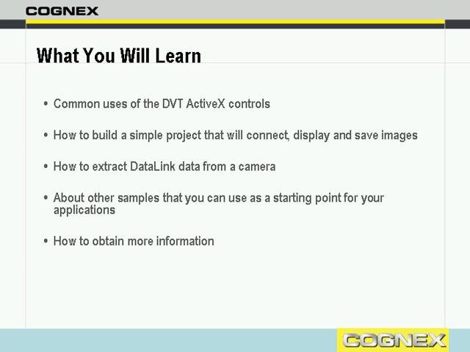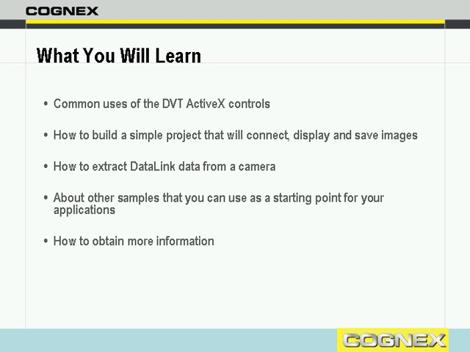What we're going to learn today is the common uses of the DVT ActiveX controls. There are 3 of them, and we're going to talk about each one individually, with more focus on the DVT SID control, which is the most commonly used one. So we're going to talk about how to build a simple project.